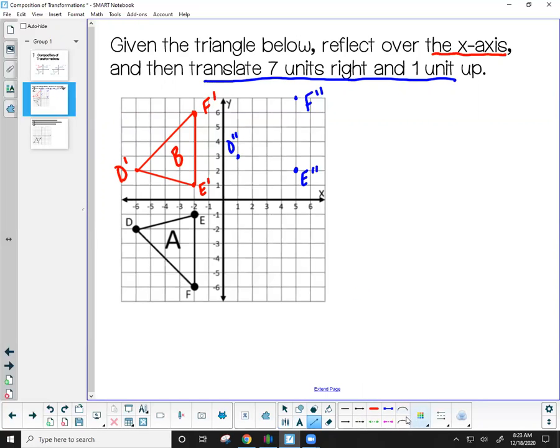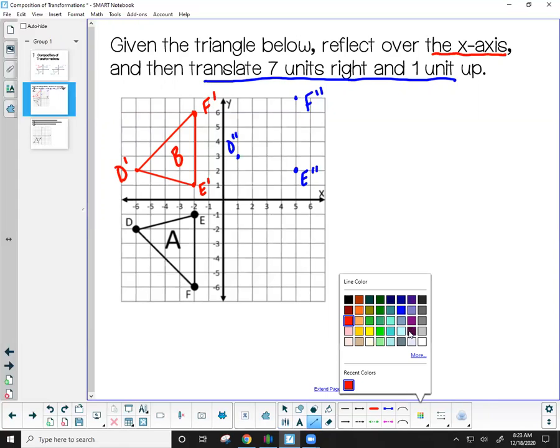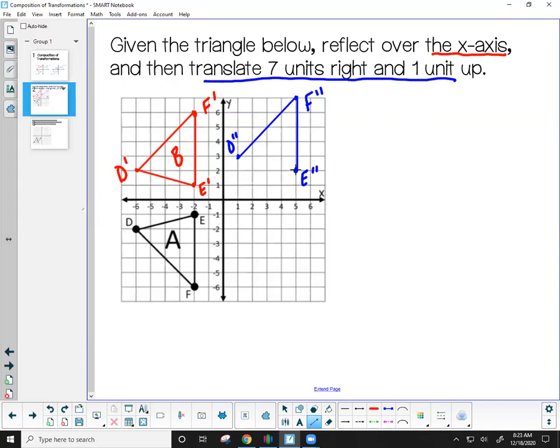Okay, so let me draw in my side lengths now. Now there's my new triangle, and I can call it C if you want. But this original triangle, we did a composition of transformations. We reflected it first, and then we slid it to the right. We translated it to the right and up 1.